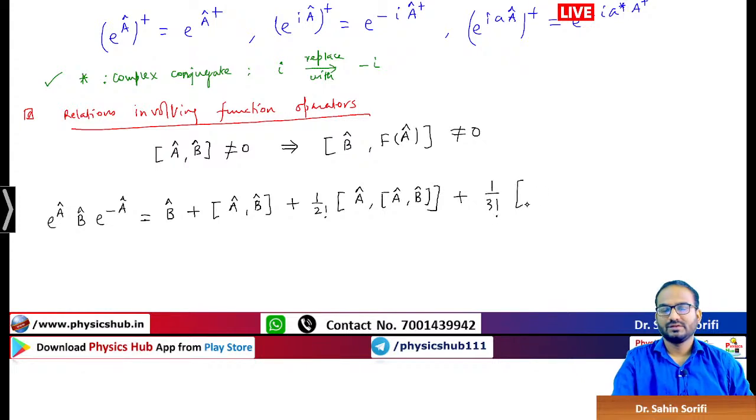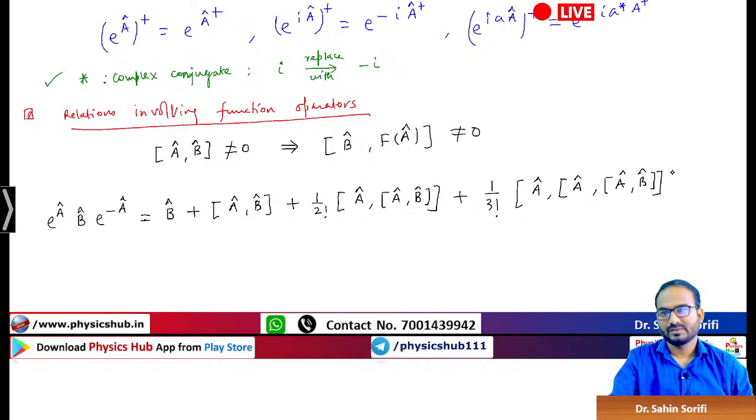What will this be? It is like adding the previous term to it. You write A, then the commutator of A and B, this bracket closed, then this bracket closed, and so on.